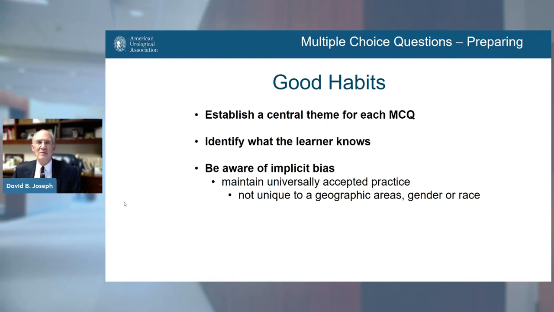And some of that's based on resources available to you, the way you're currently doing things. And it may not cross universally around accepted urologic practice. You want to make sure that the questions you write are very generally accepted and avoid any kind of bias that could be related to geographic areas, gender, or race.